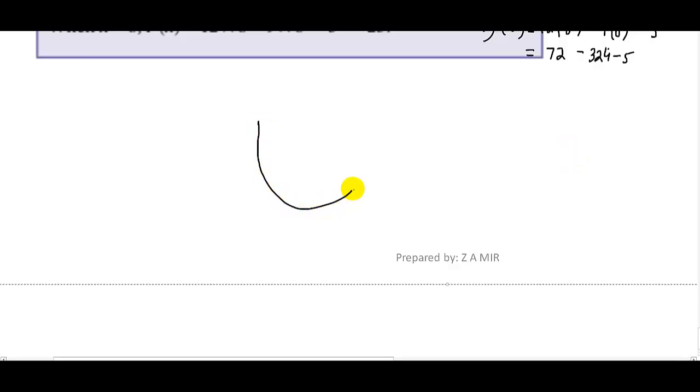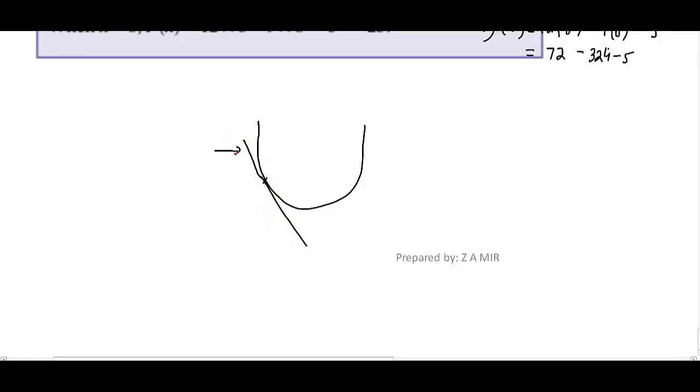If you draw a tangent over here, what will be the gradient sign of this tangent line? Negative, positive? Negative. If you draw a tangent over here, what will be the sign? Positive. Here the tangent will be positive. Here the gradient will be negative.